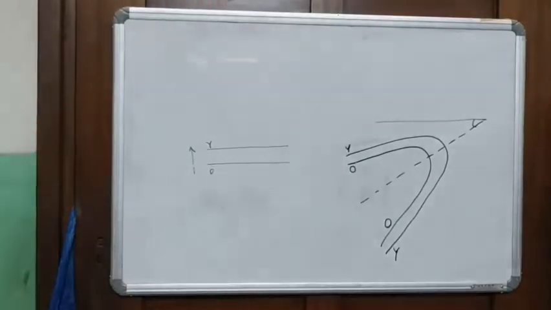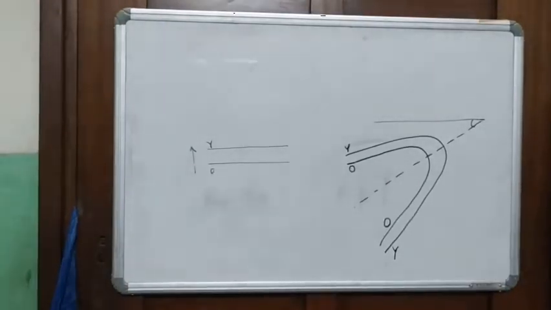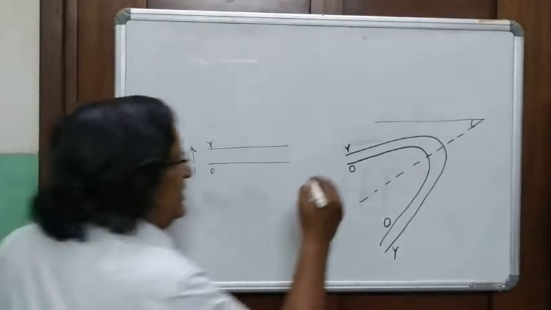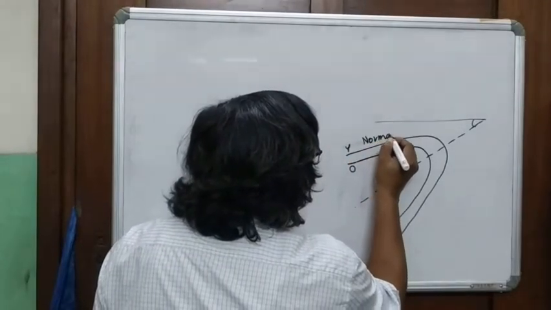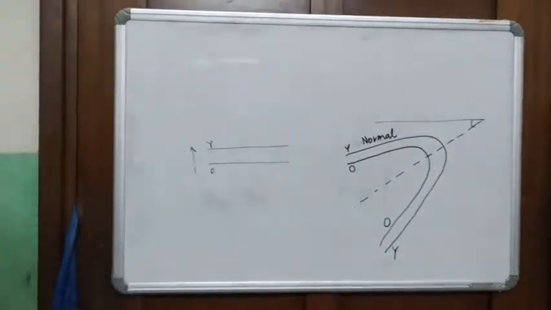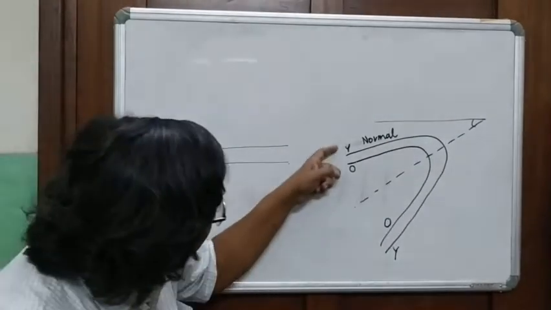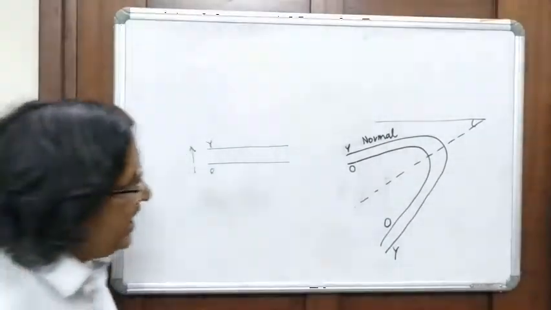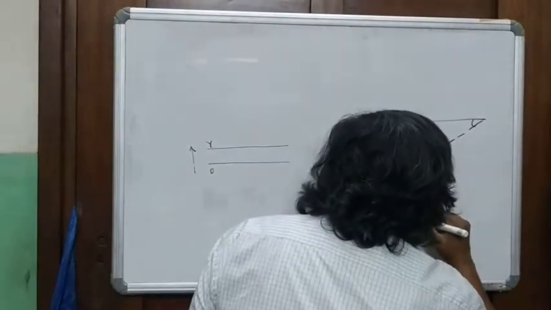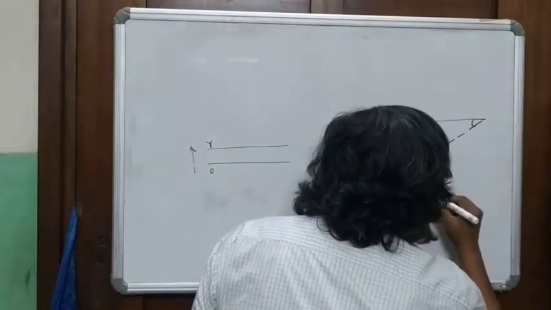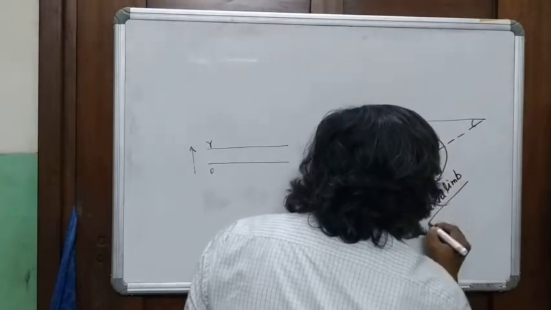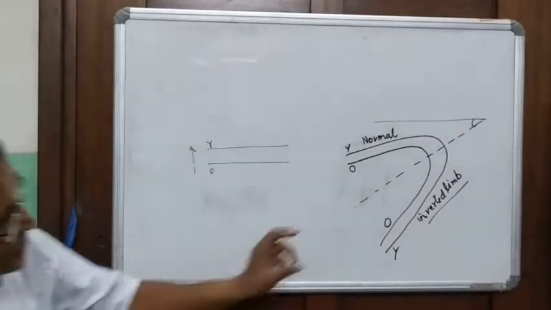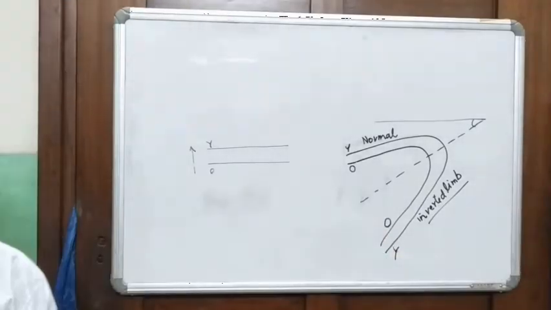So this is called a normal limb. Why? Because that stratigraphic succession is normal. And this is called an inverted limb. Why? Because here the stratigraphic succession is inverted.